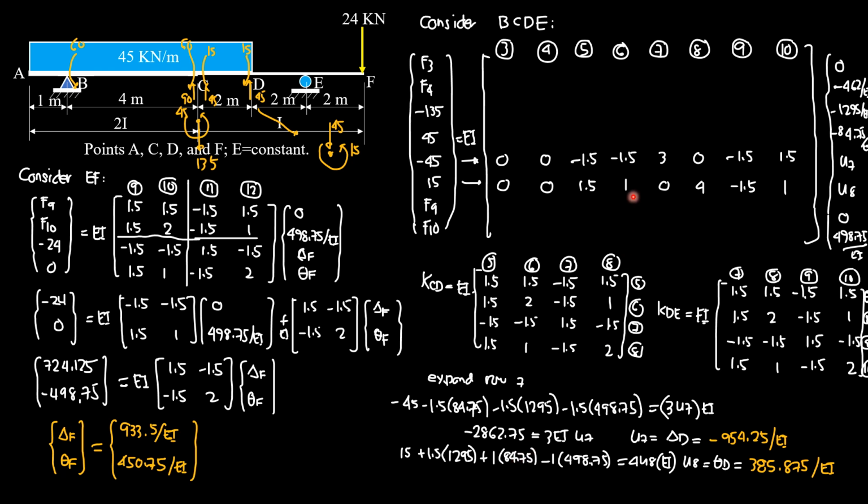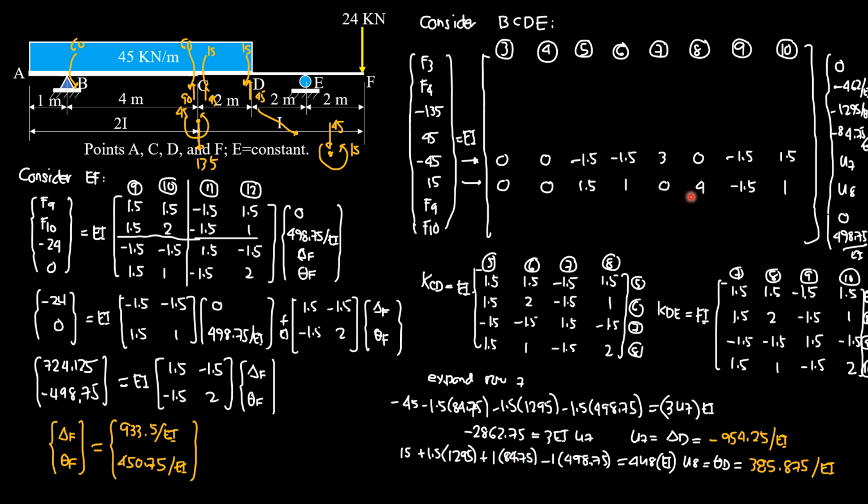Then 1 times negative 84.75, negative 84.75, transposed to the left, so it becomes positive, which is this.